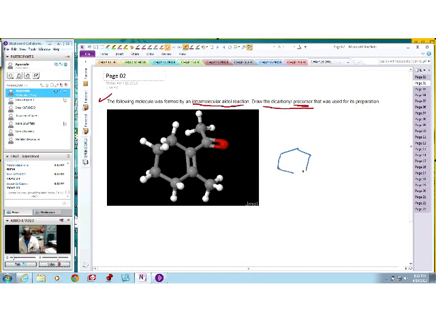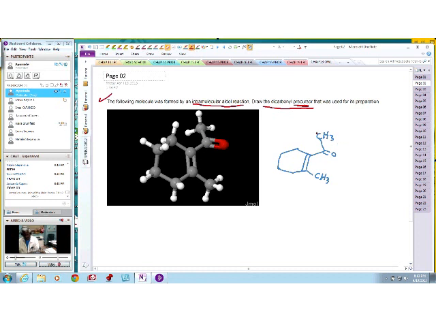This molecule is a 6-member ring molecule. You have a carbon-carbon double bond here, and then you have this. Okay, it's a methyl ketone. Okay, and right here you have a CH3. Okay, now let me go ahead and number this molecule here.